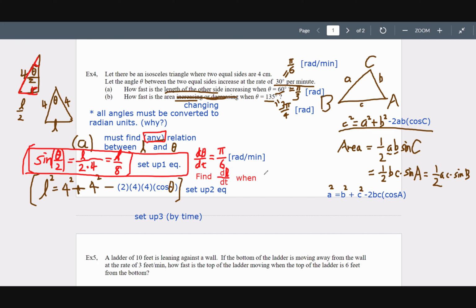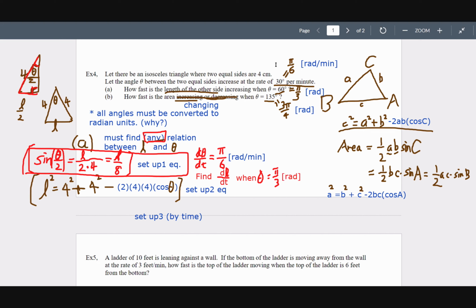Theta is equal to pi over 3. This is the condition for when. So this will be pi over 3 radians, the radian unit. So now this is the complete setup.